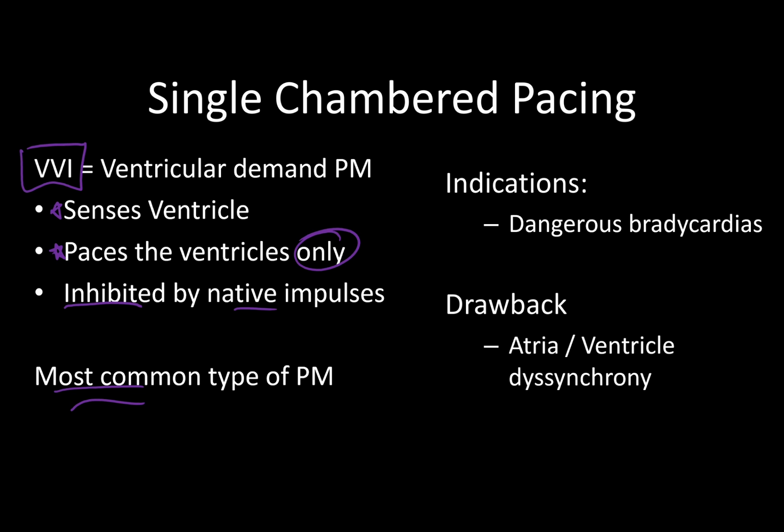And what that means is it's looking at the ventricles. So if the patient is able to kick out its own QRS without the assistance of the pacemaker, it goes, great, awesome, you're doing it on your own, I don't have anything else to do. And that's why we use this one most often, because it allows us to minimize the amount of work that the pacemaker has to do.